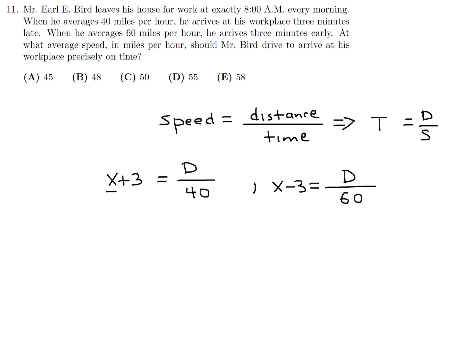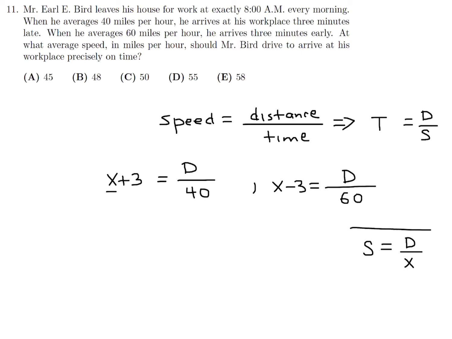And what we want to figure out in our question is the speed for which the distance is d. Well, the distance is always d, but when the time is equal to x, when he arrives precisely on time, because remember, we are putting x to represent that.